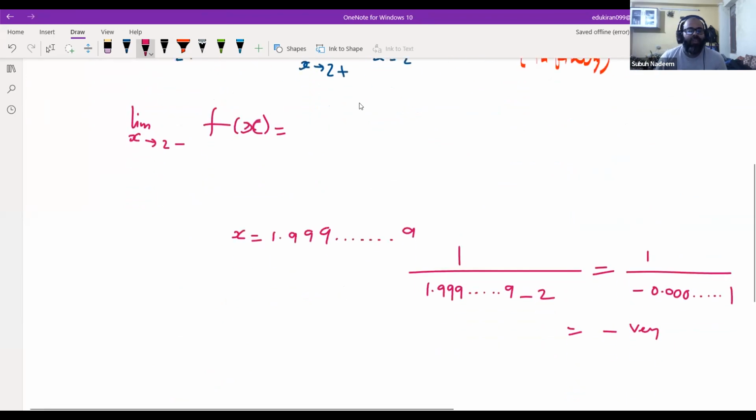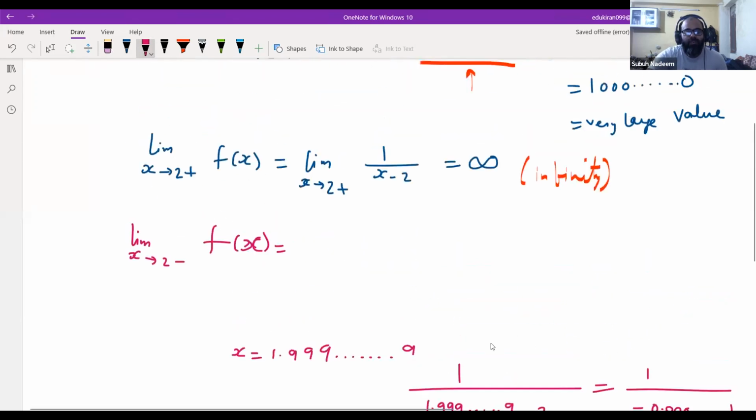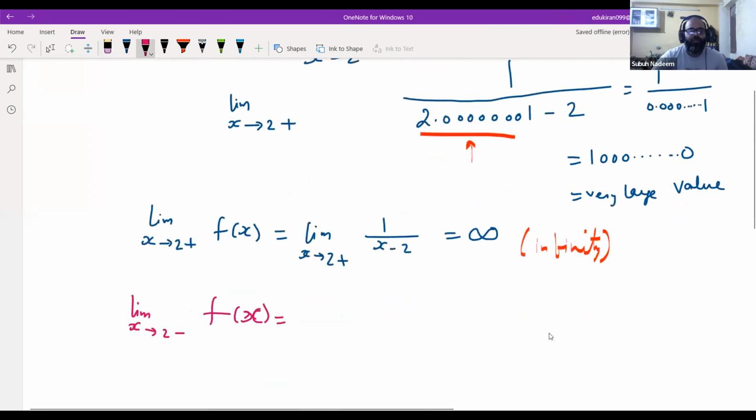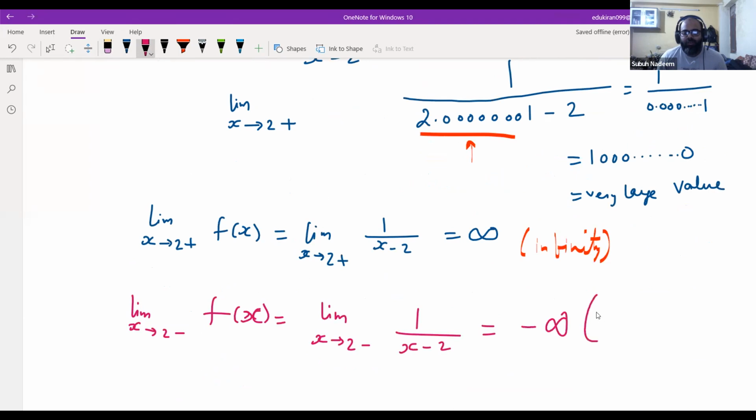So you can call it minus infinity. On the negative side, it is minus infinity. So limit x approaching 2 minus 1 by x minus 2 will be negative infinity.